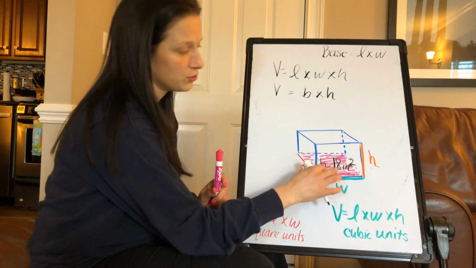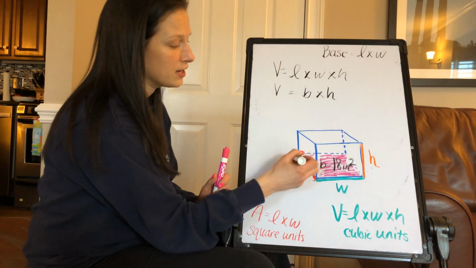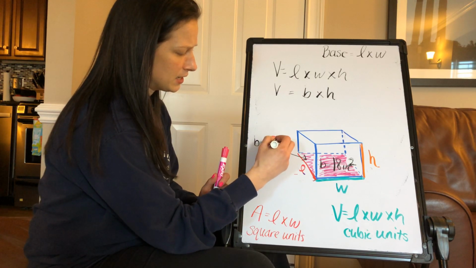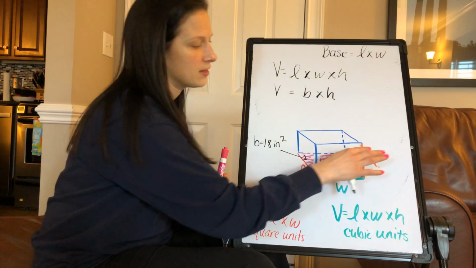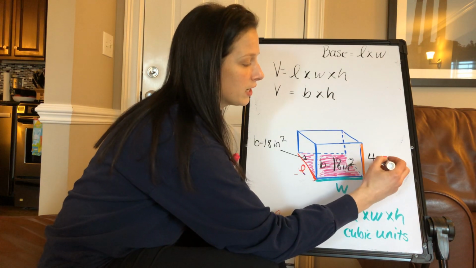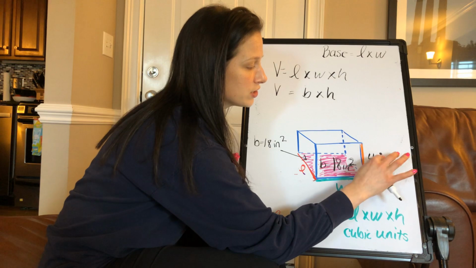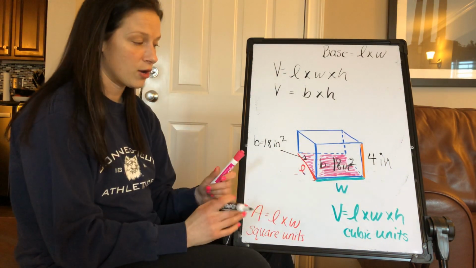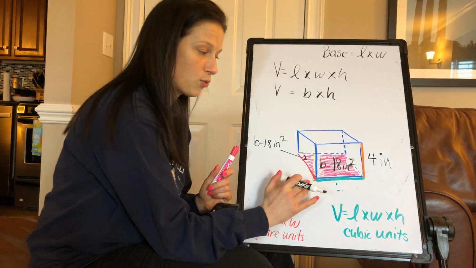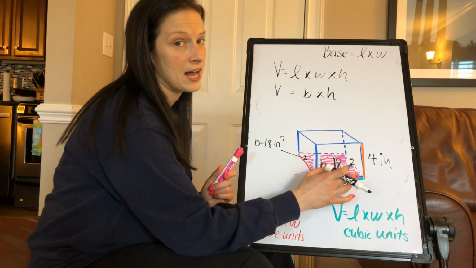Okay, so they might tell you your base is 18 inches squared. Sometimes they draw an arrow to the base and write base equals 18 inches squared. Then you might get your height as, let's say, 4 inches today. So they're not going to give you the length. They're not going to give you the width. They're going to give you the base and the height.